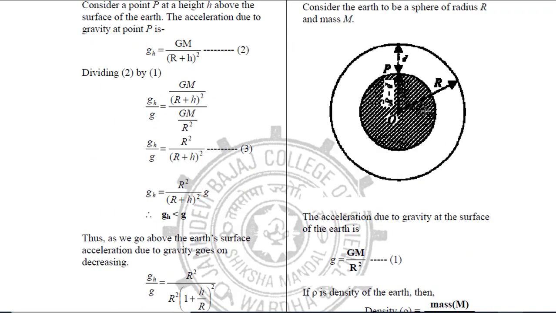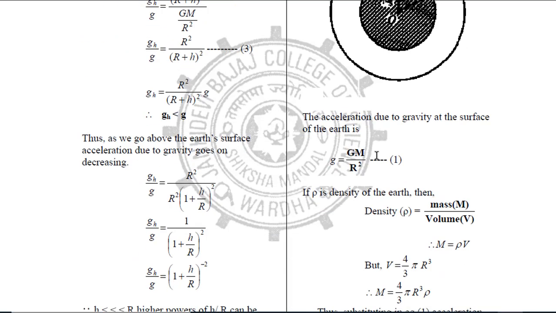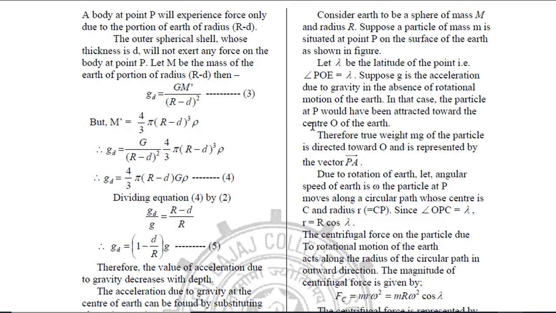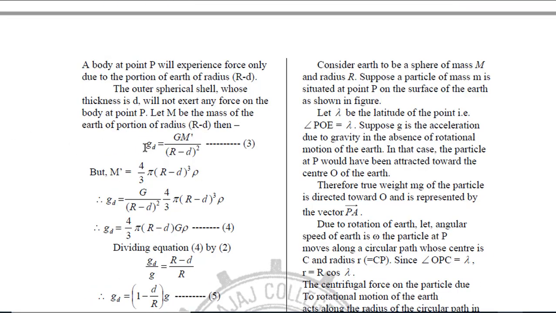Assume a point P. Before, point P was high in the sky. This time point P is deep into the Earth, at a distance d from the surface of the Earth. So what we'll have is gravity at that point, g_d, inside the Earth, equal to G times the mass of the Earth with the compressed volume.